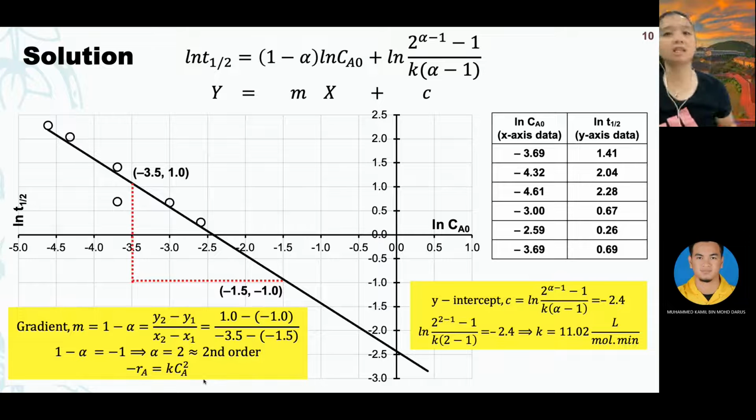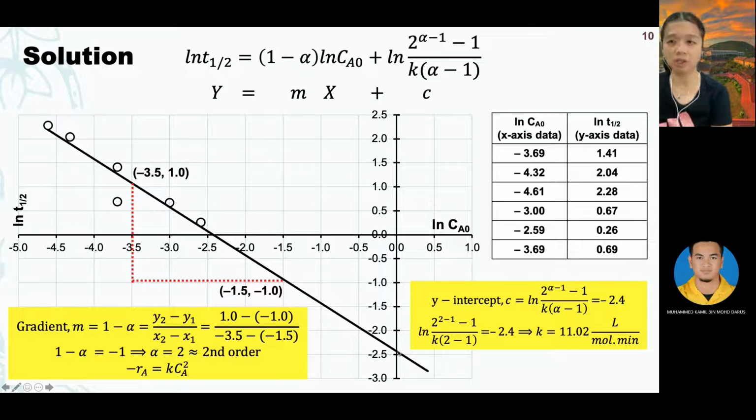So our next target is to find K. So to find the value of K, again, look at the equation. Y-intercept is equal to the back part of the equation yang panjang-panjang tu. So maksudnya daripada graph, your y-intercept, Excel will give you the value is actually negative 2.4, the one that I'm pointing right now.